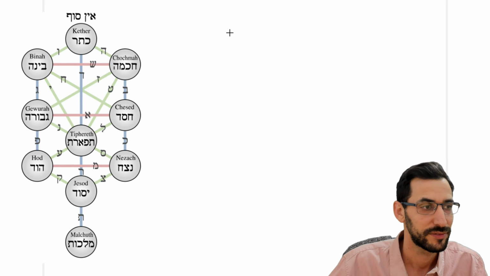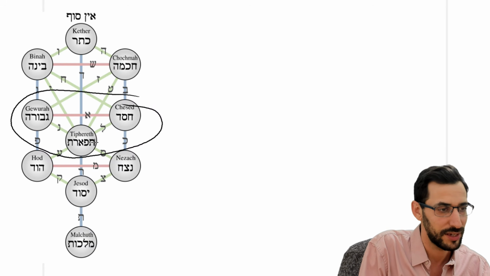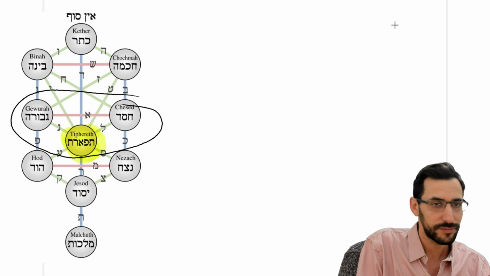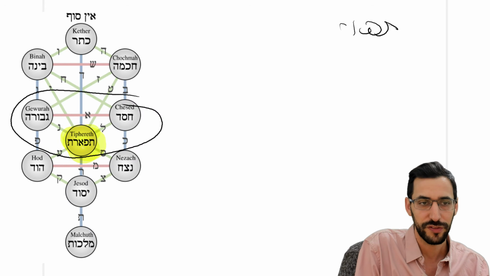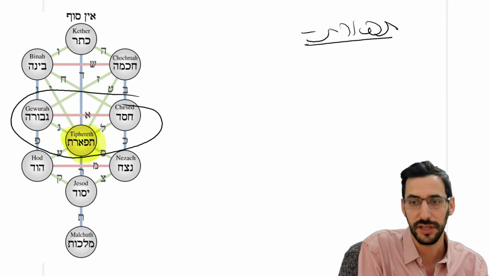And let's move on to Tiferet. Okay, so we're here again, and now we're talking about the Sefira of Tiferet. So, Tiferet, actually let me just write down the literal meaning.